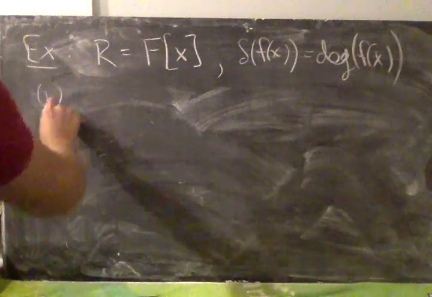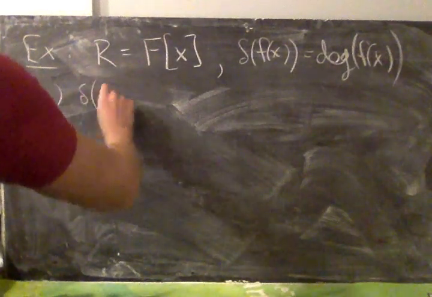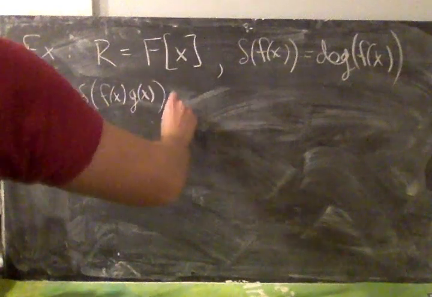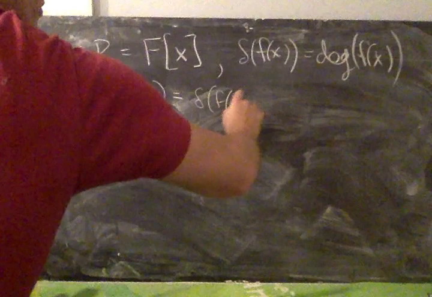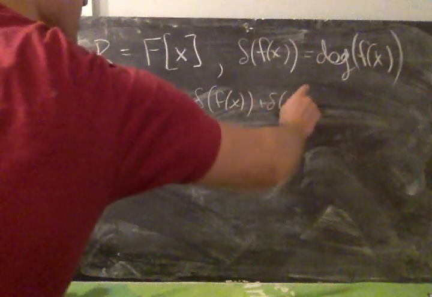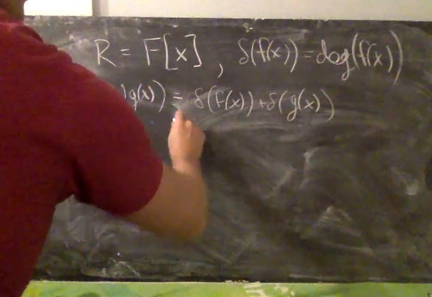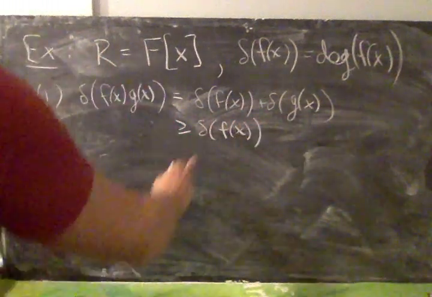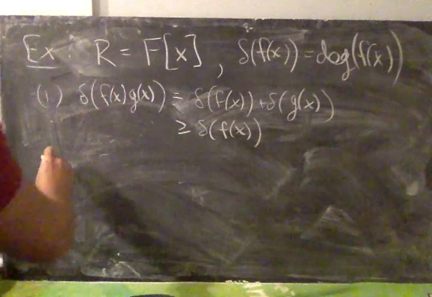So this makes an integral domain, and for the first property, if we look at delta of f of x g of x, that's the degree of the product, that's the sum of the degrees, so that's delta of f of x plus delta of g of x. Right? And this has to be at least 0, so this is bigger than or equal to delta of f of x. Right? So delta of any f of x is less than or equal to delta of f of x times g of x, as required.